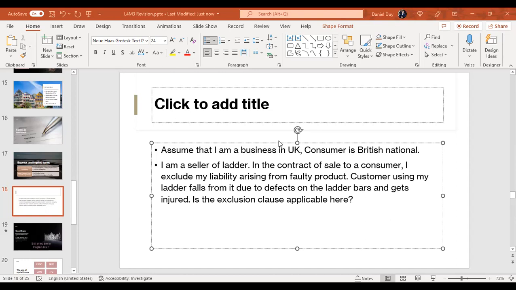No, it's not. So why not? Because the supplier has to take some responsibility for the damages that the customer incurred because of the product defects. Okay, thank you very much.